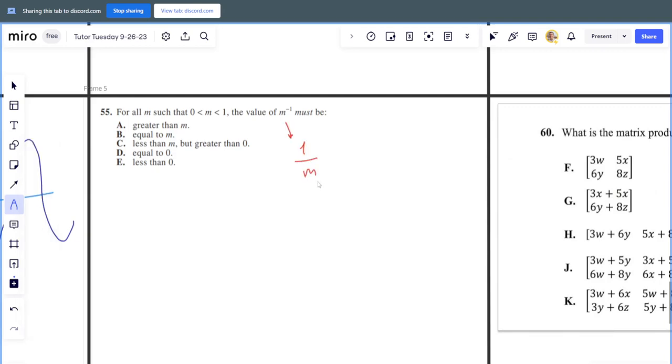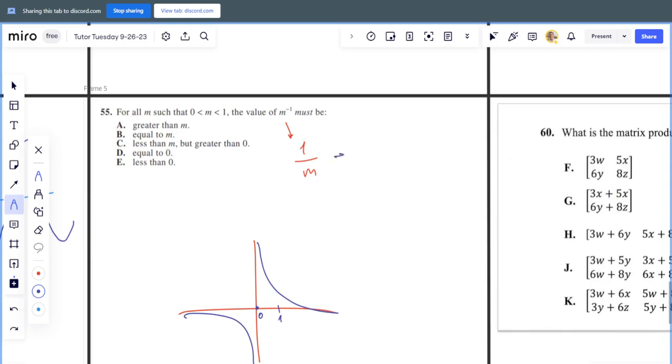And if you think of the graph of 1 over x from 0 to 1, 1 over some number actually makes it larger.